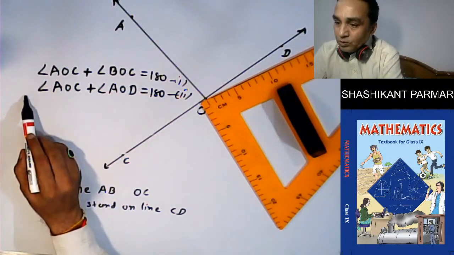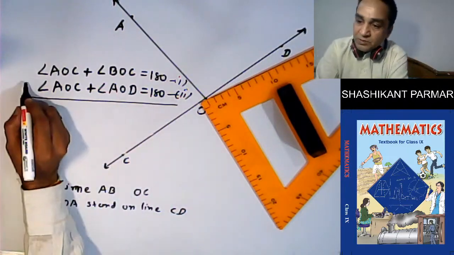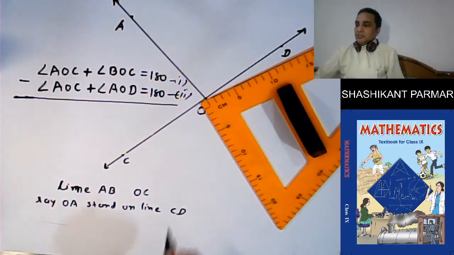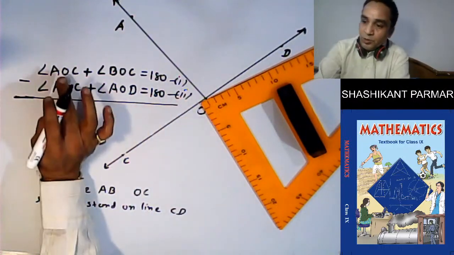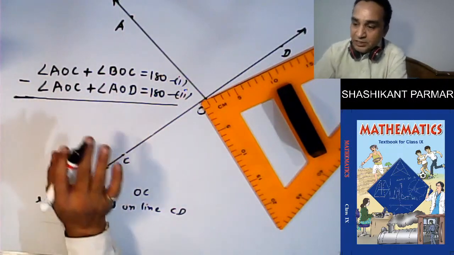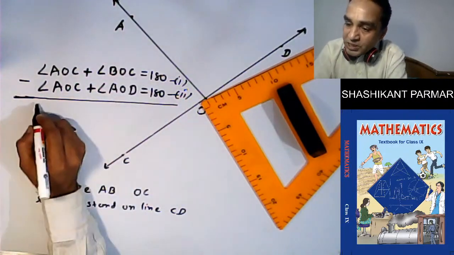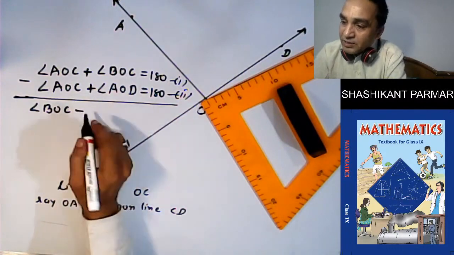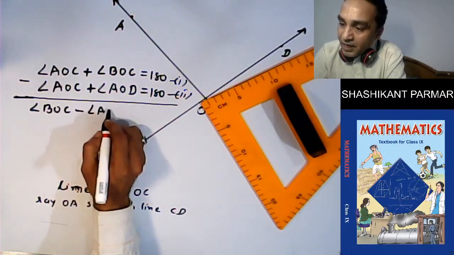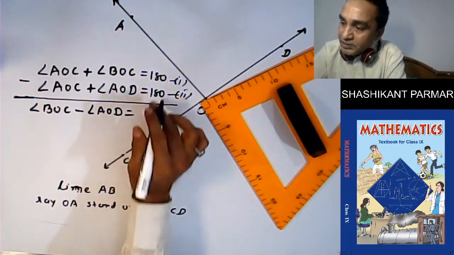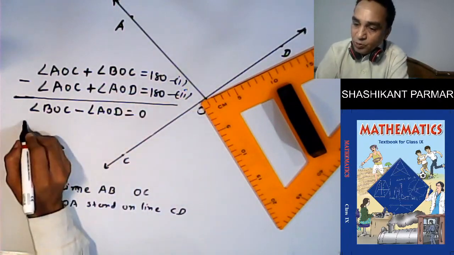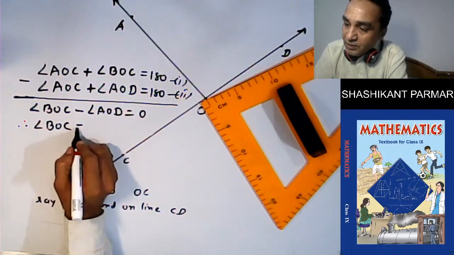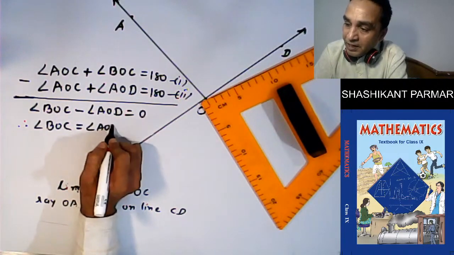Okay, so let us subtract second from first. So AOC minus AOC, nothing. Angle BOC minus angle AOD is equal to 180 minus 180, which is 0. Therefore angle BOC is equal to angle AOD.